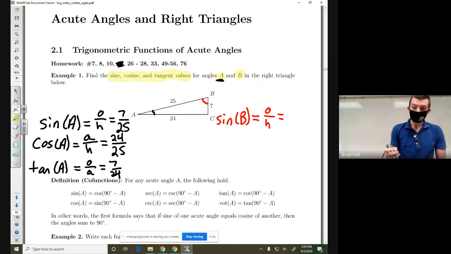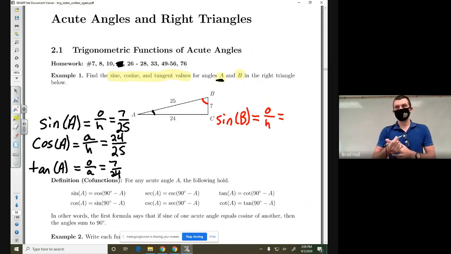The only difference here, the opposite here is not the same opposite as for angle A. So changing an angle may change what opposite is and what adjacent is. Hypotenuse stays the same because the hypotenuse is always the slanted line, always the diagonal line in the triangle.